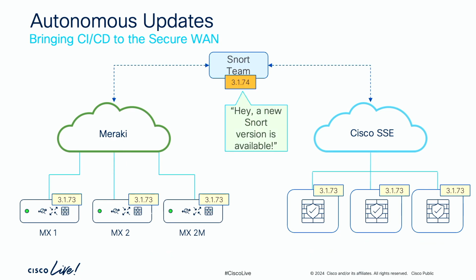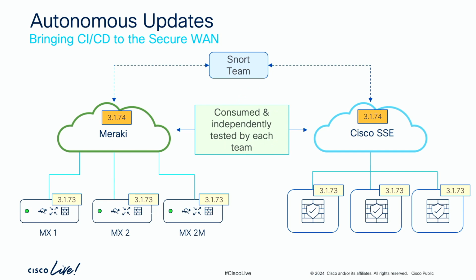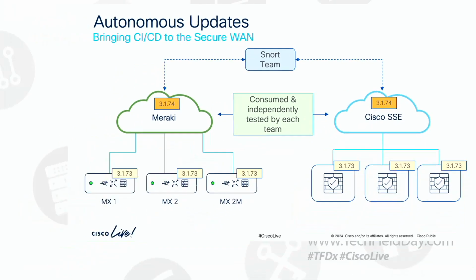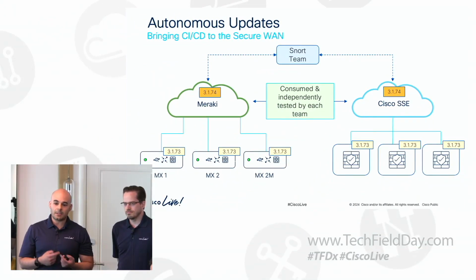Now, let's say the Snort team develops a patch, develops something new for Snort. Let's say we have to upgrade to 3.174 as an example. So this is the brand new version. They can distribute that to our clouds, and each cloud will consume that update. They'll test it against their respective products. So in our case, we'll test it against the MX, and the Cisco SSE will test it for their POPs.